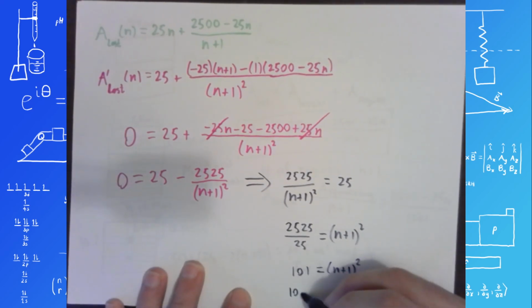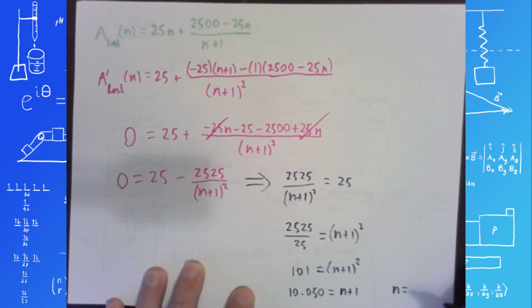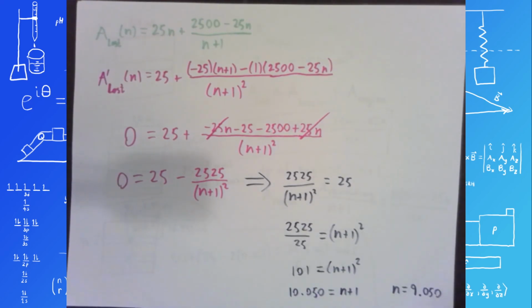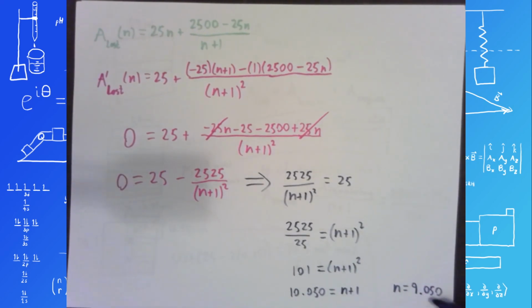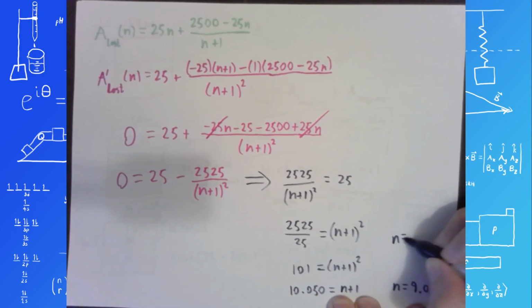So roughly 10.050 equals n plus 1, which means n equals, if I subtract 1, 9.050. Now, of course, we defined n to be an integer, so we can't have 0.05 of a fire break installed, so we've got two choices. Either we have to try out n equals 9, or we need to try out n equals 10.